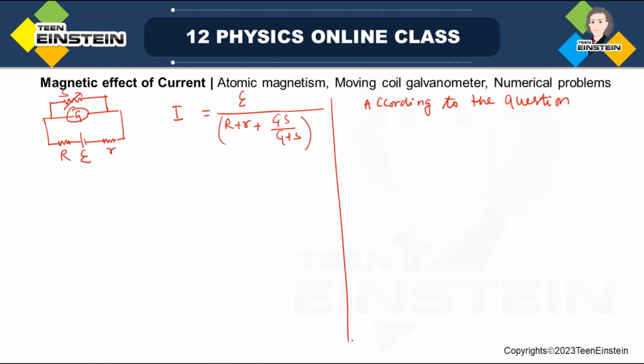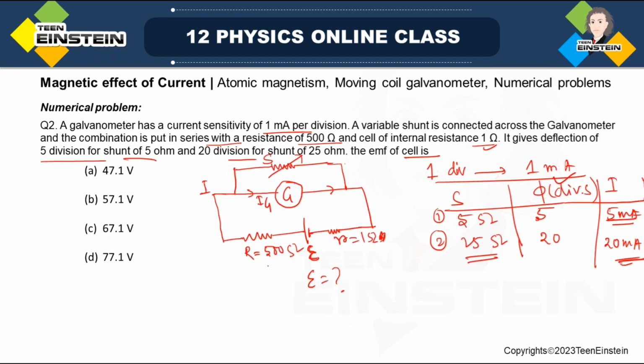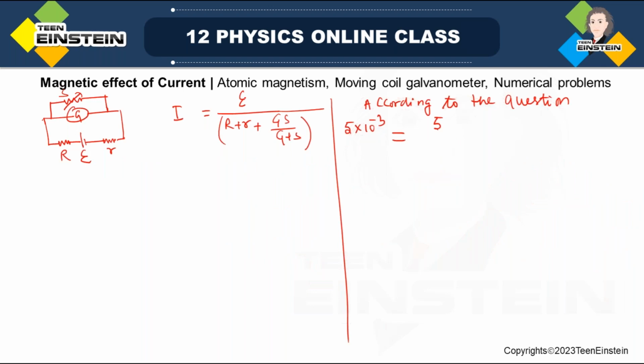what are given? 5 milliampere deflection when this is a 5 ohm shunt, right?